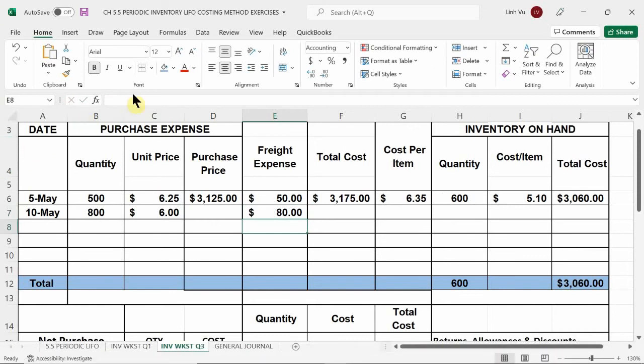In this case, what's my purchase price going to be? $4,800.